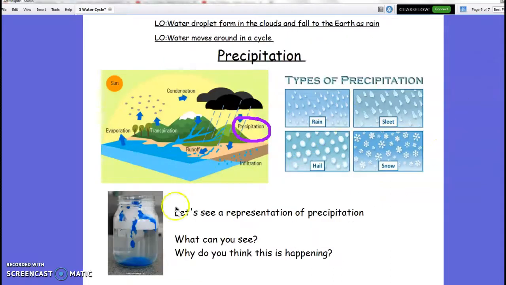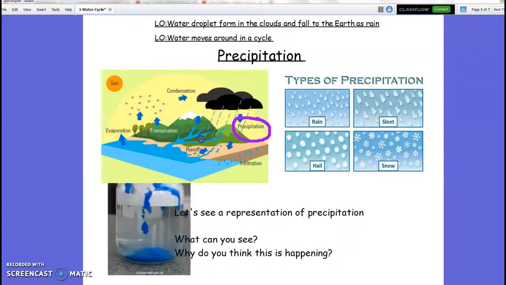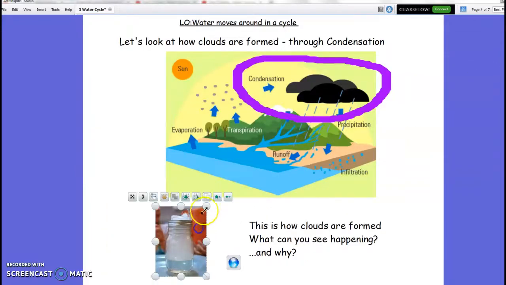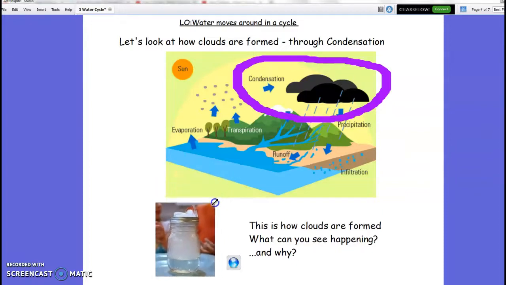The first one will be how precipitation happens, and the second one will be how clouds are formed through evaporation and condensation. And then what I'd like you to do is go away and have a go at doing those experiments yourself. So let's watch that video now together.